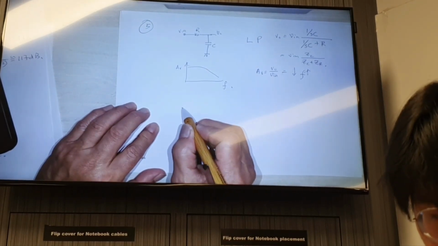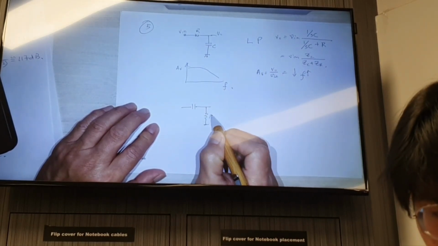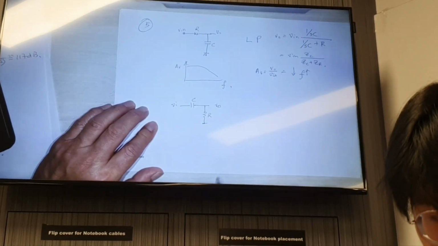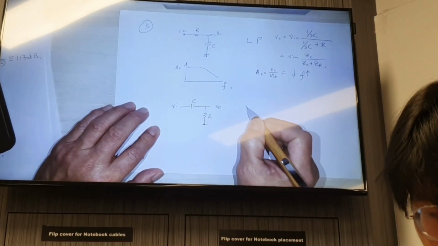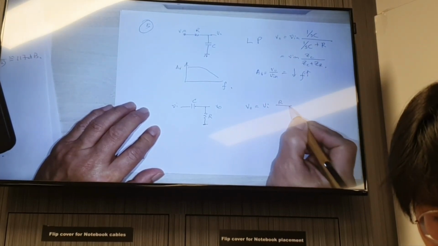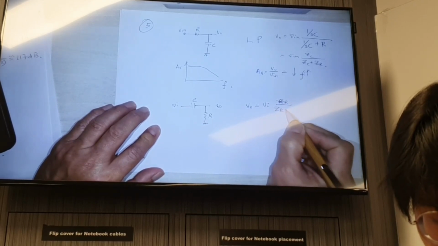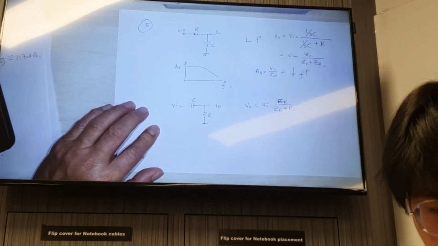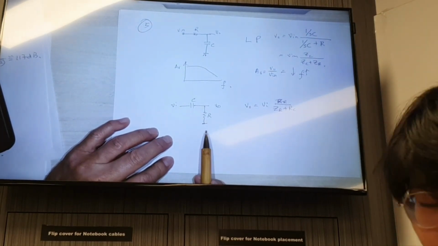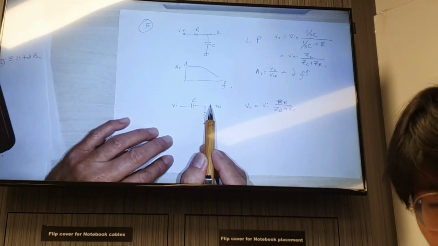Alternatively, if I have a capacitor and a resistor, you will get the voltage at the output due to the voltage at the input multiplied by ZR over ZR plus ZC. As frequency increases, at low frequency of course there is nothing at the output.